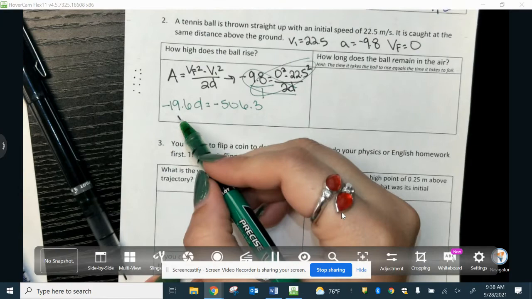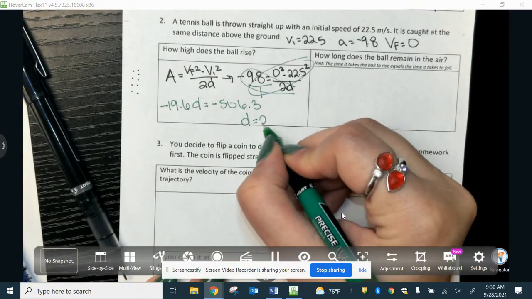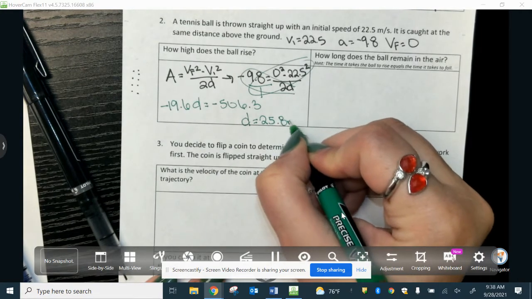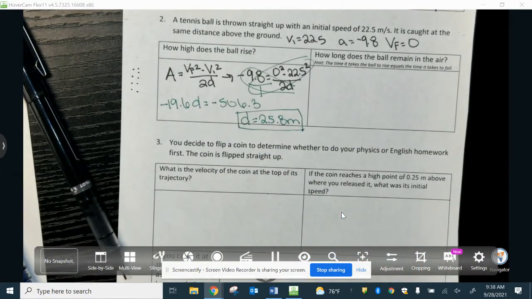Now I'm going to divide both sides by negative 19.6 to give me a distance of 25.8 meters.